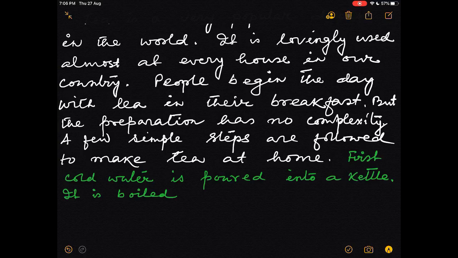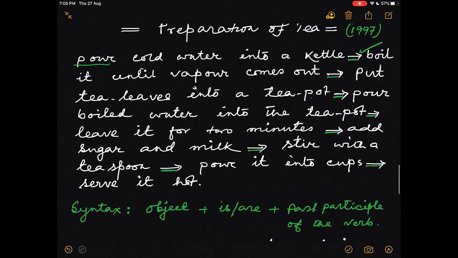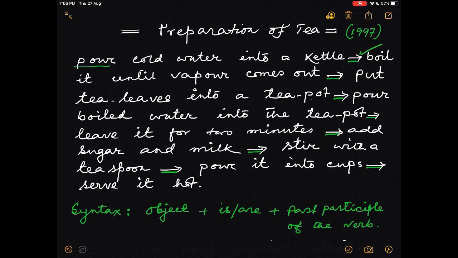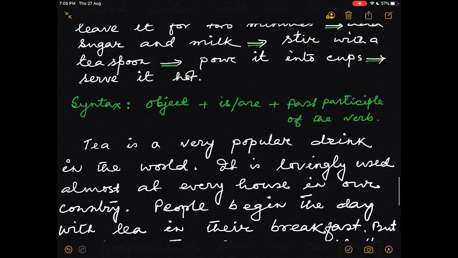It is boiled until vapor comes out. It is the object, is, boil is the verb. It is boiled until vapor comes out. Third point, what is the third point? Third point is put tea leaves into a teapot.